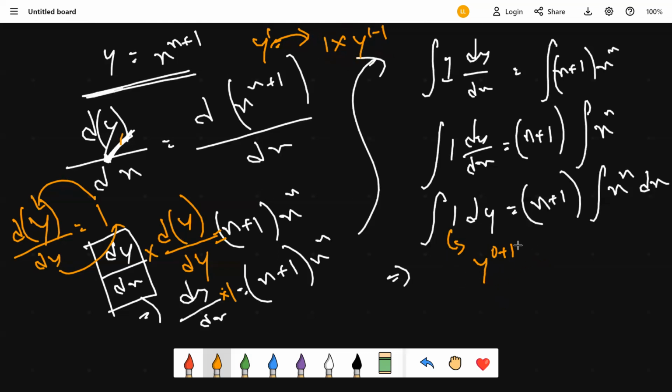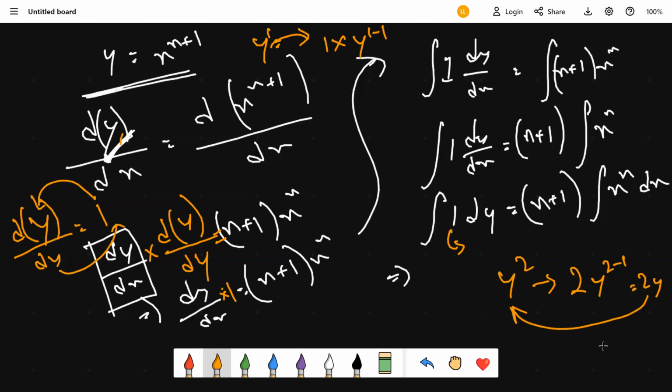Think of it this way. Let's say we have y square here. Differentiating this, the 2 comes in front, and the power of y gets reduced by 1, so 2 minus 1 gives 2y to the power 1. Now if we want to go back, see the difference: y has a power of 2 in the initial function, and the 2 vanishes.